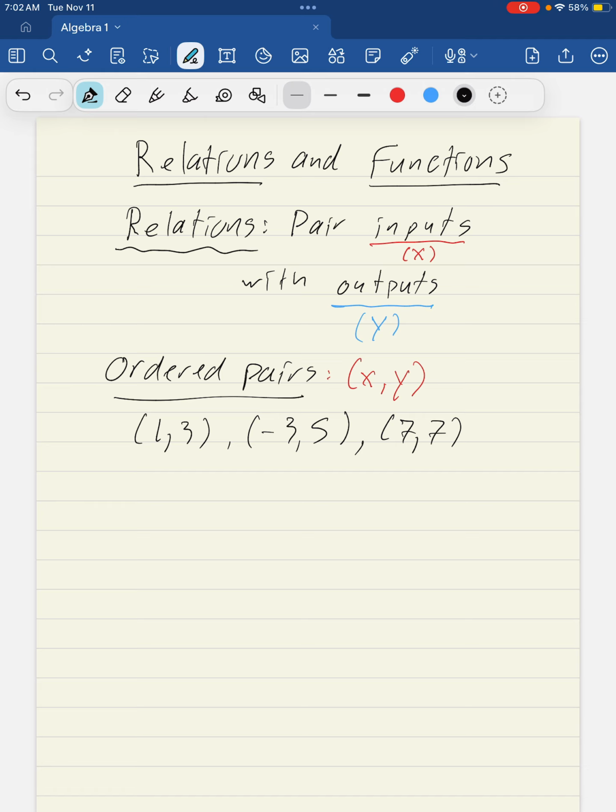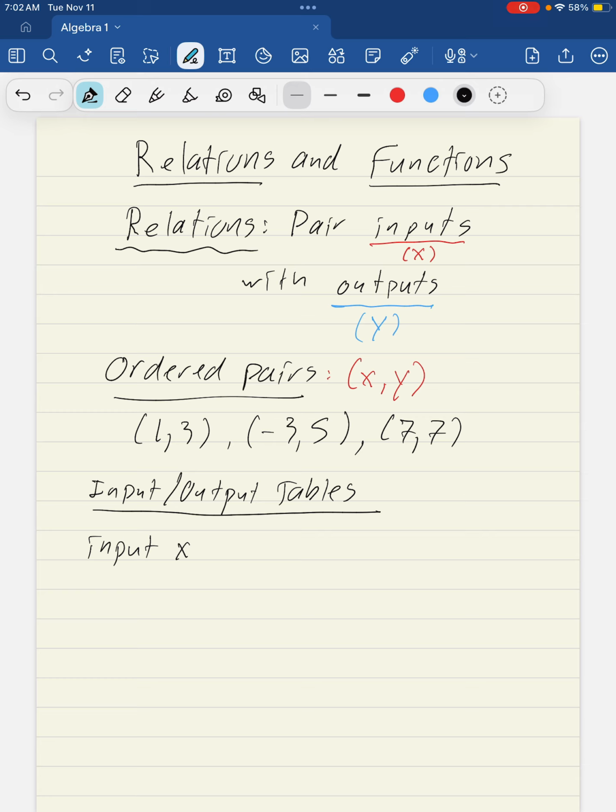Another way you're going to see relations are input-output tables. I'll show you what those look like in a second. These have the same information, but in table form.